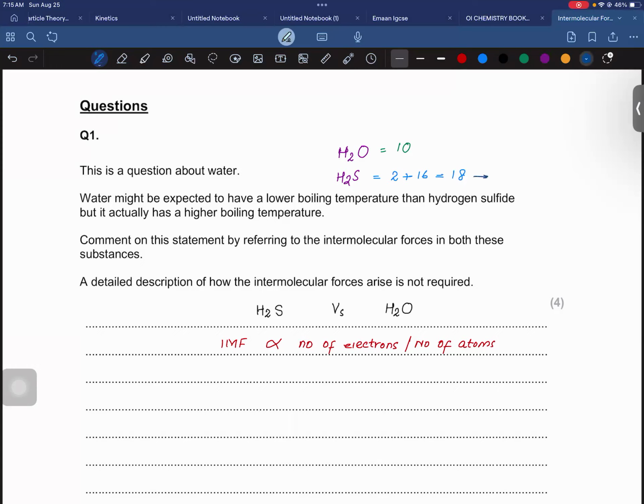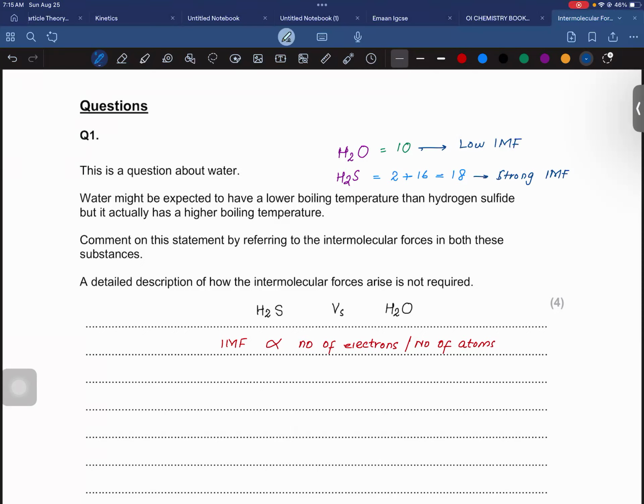So ideally, water must have a low IMF, it has a low IMF, right?